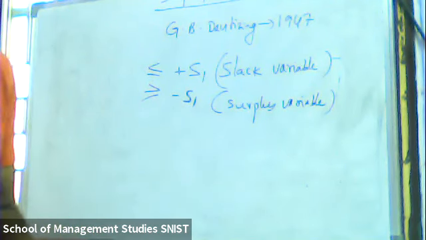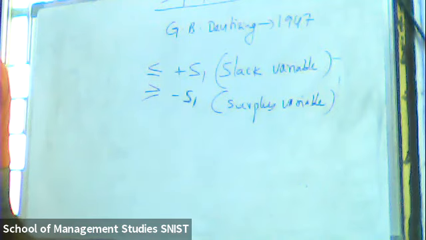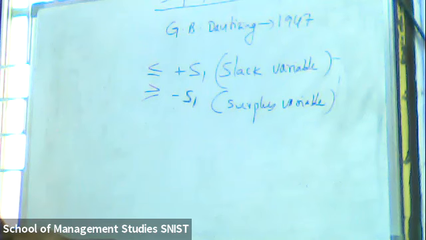Are you following? Yes, sir. Now, can any one of you tell me, if the given constraint is less than or equal to, to make the inequality an equality, which variable do we add? Slack variable. What is the slack variable? Unused resources. Exactly.